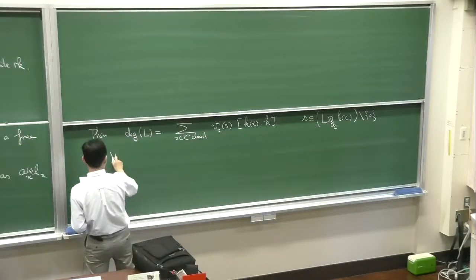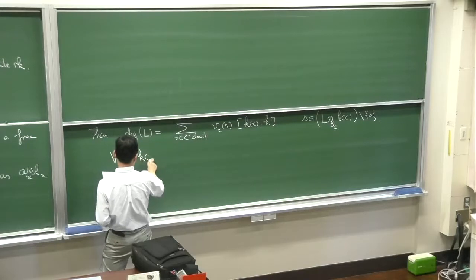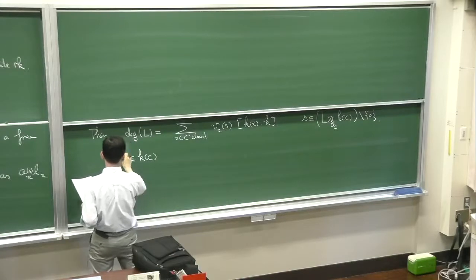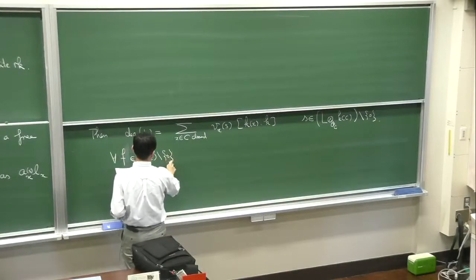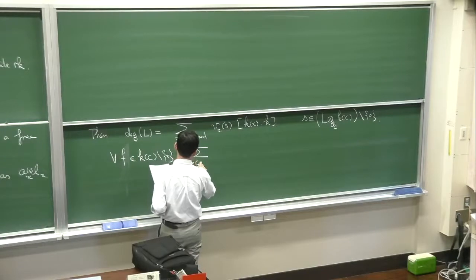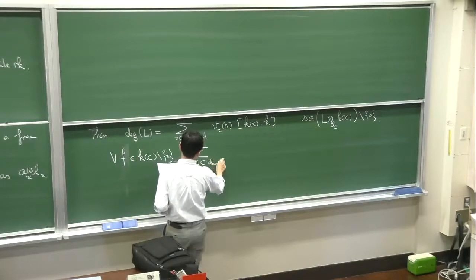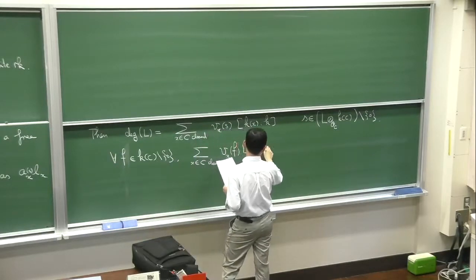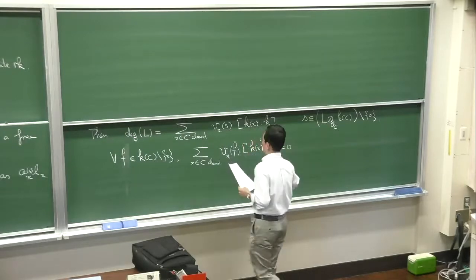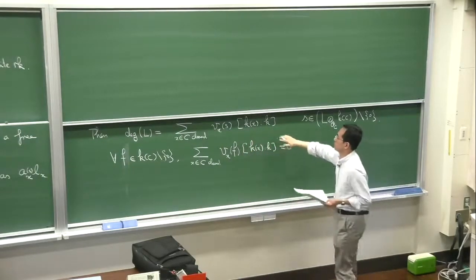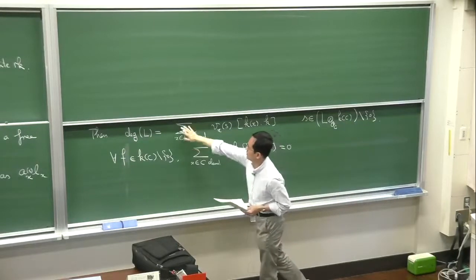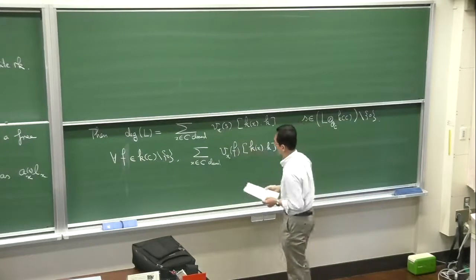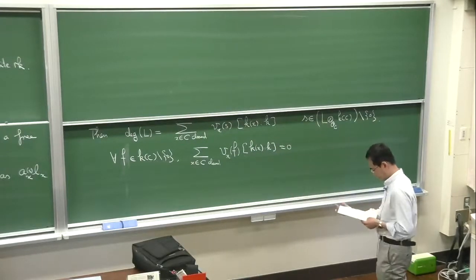I need to say that for any non-zero f in K_C, you have some sort of product formula, which assures that this formula for the degree of L does not depend on the choice of the non-zero rational section s.